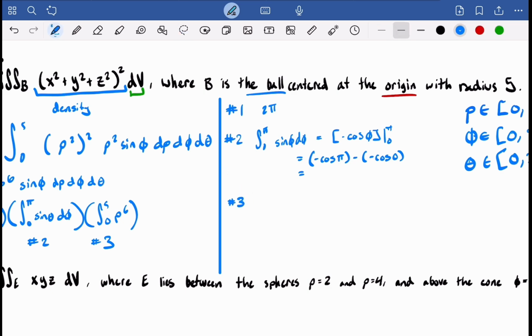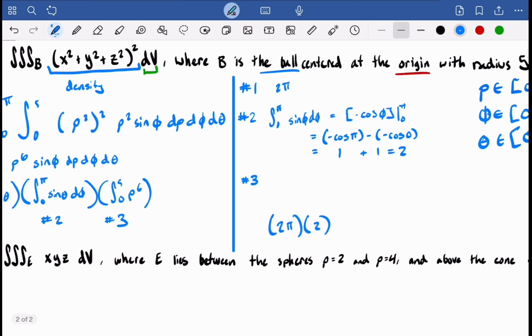Cosine of pi is going to be -1, which makes that 1, and then plus cosine of 0. Cosine of 0 is 1, so that means we have 2 right there. So far we have 2 pi and 2.